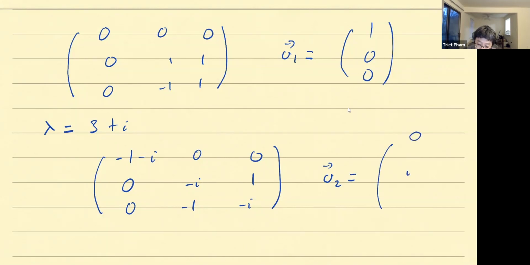I think 0, i, minus 1 seems like a reasonable choice, right? Is that okay?